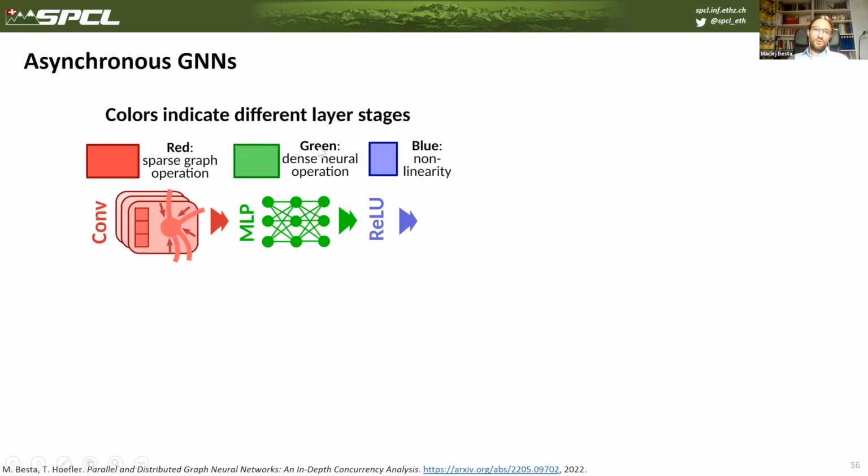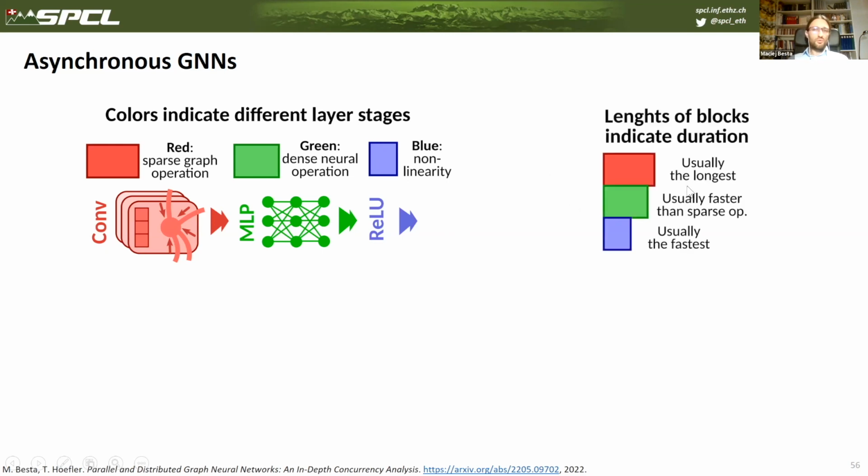The green color will indicate the dense neural network operation, MLP in that case, and the blue color will indicate the nonlinearity, such as ReLU, and also the worker doing this stage. Next, I'm going to use different lengths of blocks. The length of blocks indicates duration of a given stage, right? So the shorter the block, the faster the given stage of a GNN layer will run.